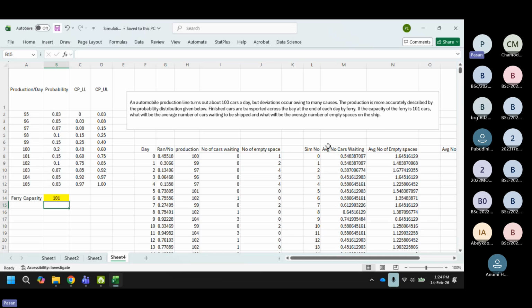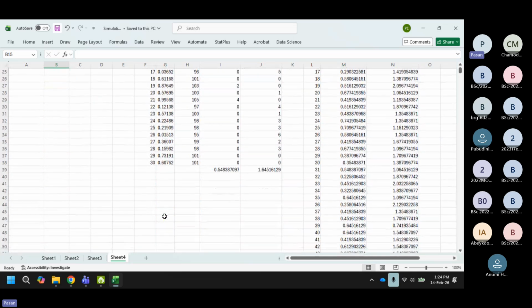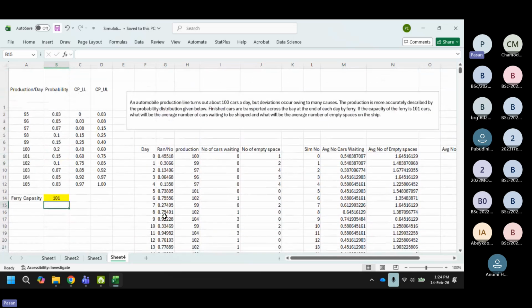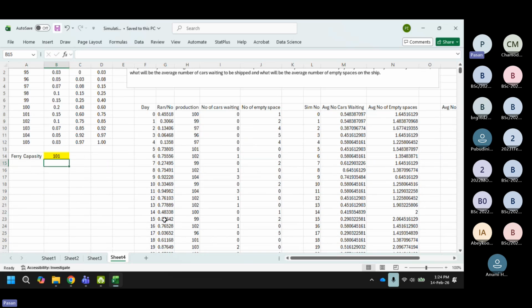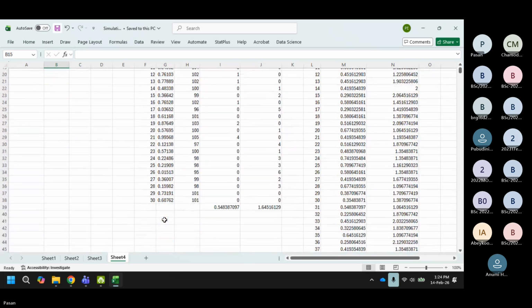So now we can simulate our situation. Maybe we can do it for, say, 30 days, or we can do it for 100 days or whatever. So we can decide to initially simulate it for a certain number of days.